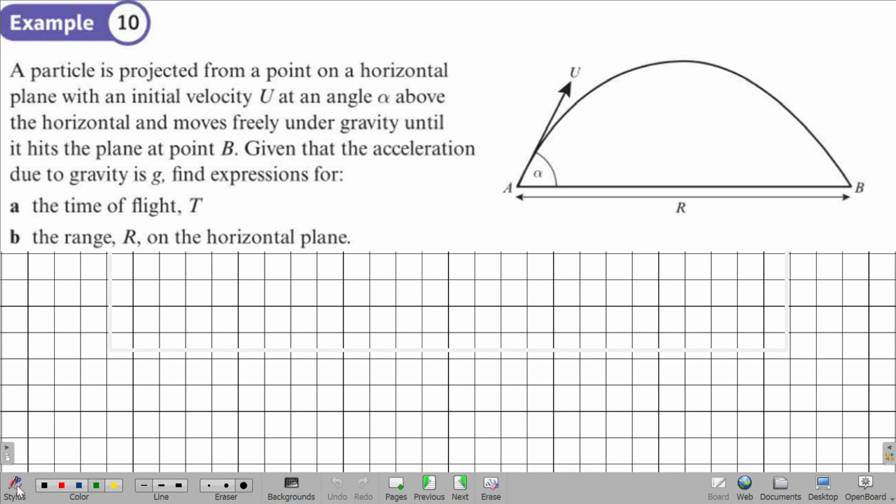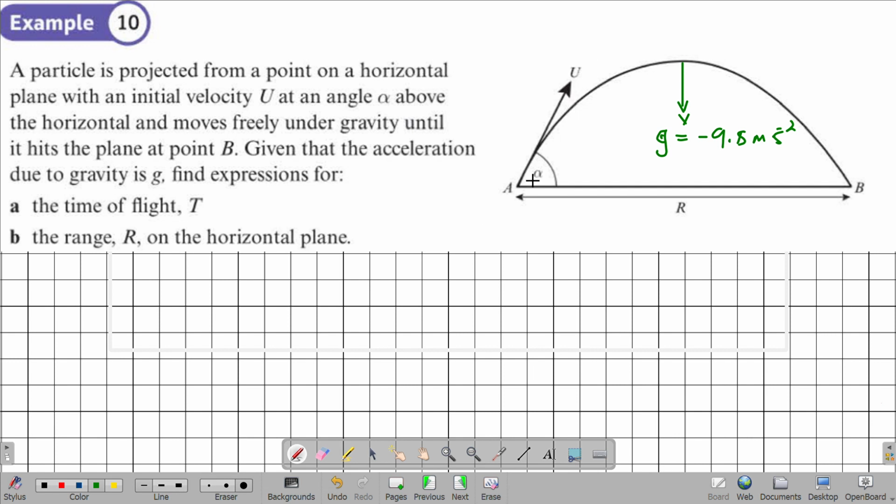And say g is pointing downwards. In this case, I'll always prefer to make it negative, since the launch is launched up is the positive direction.